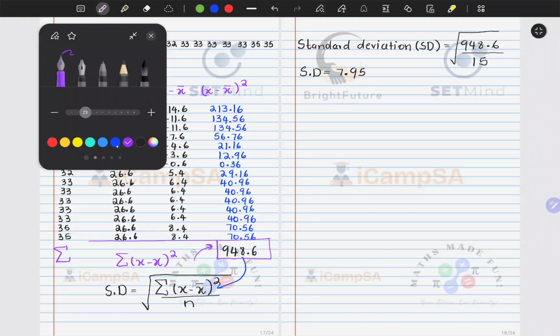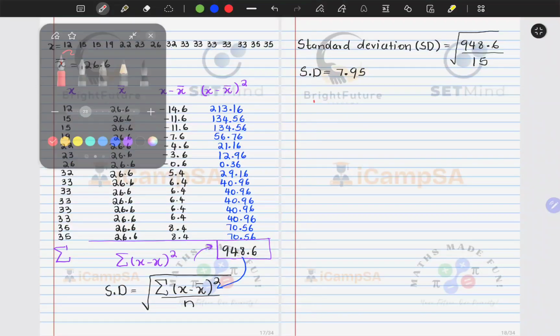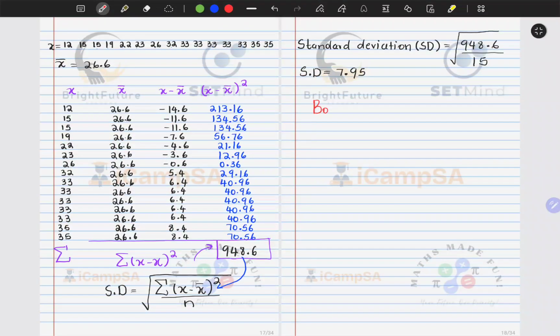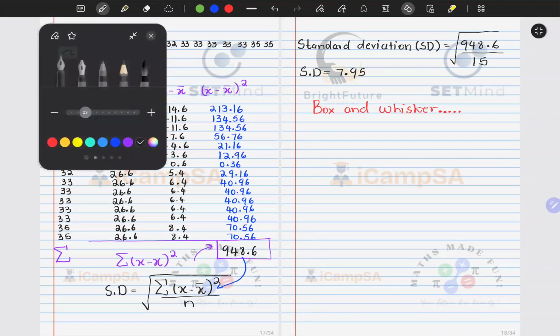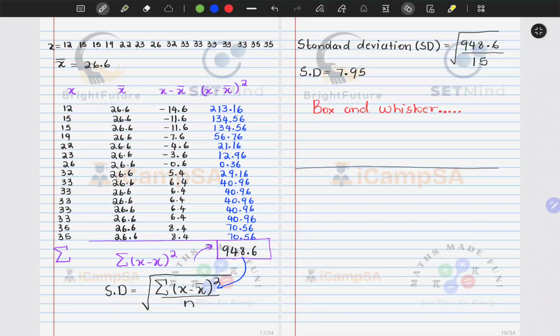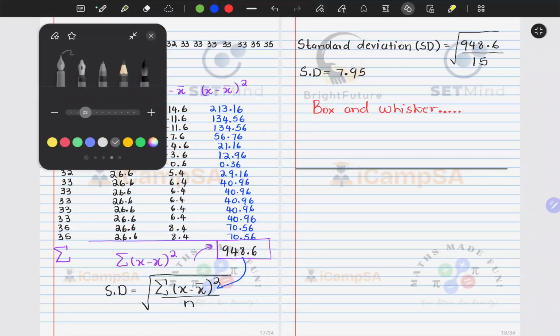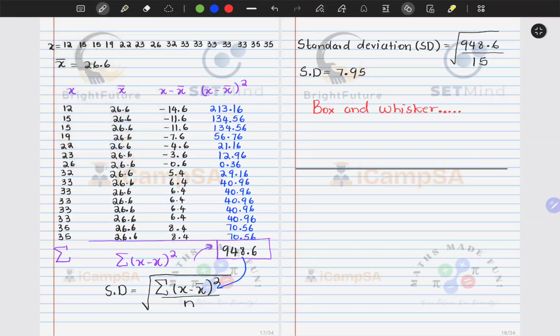So let's have a look at our box and whisker. What is usually easy to do when you are doing these is to quickly have a small scale at the bottom. So let's have the scale here. And on the scale, we are just going to put in numbers, okay? That will assist us to keep track of where things are at.